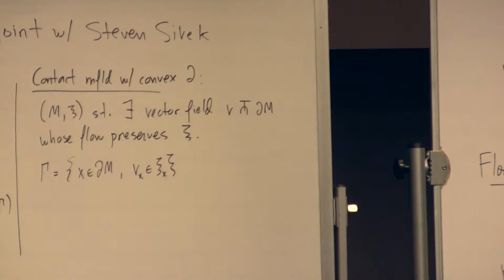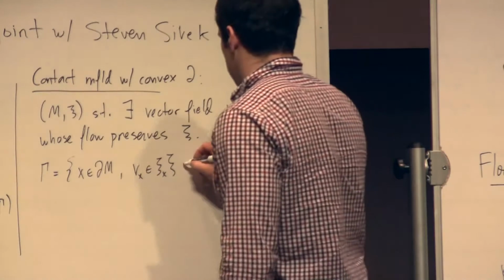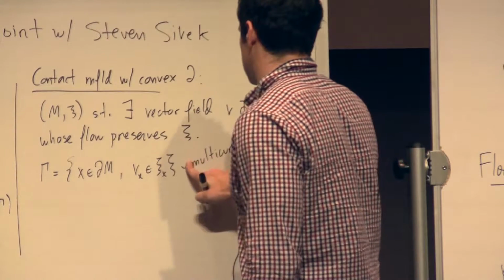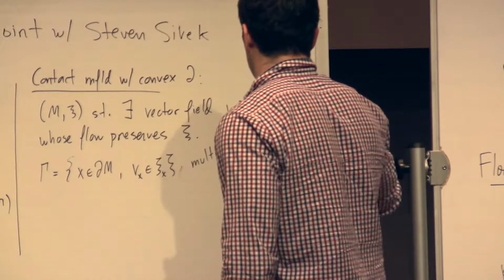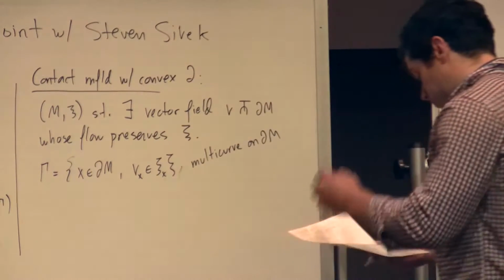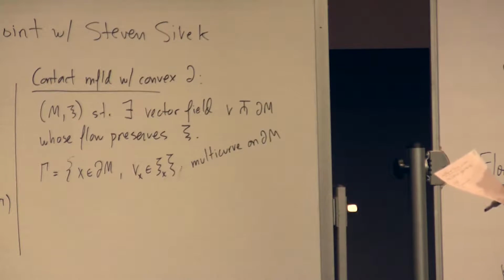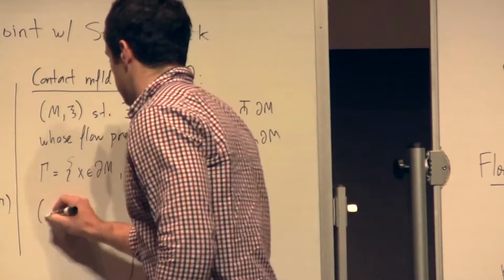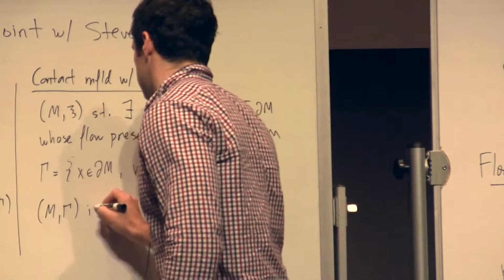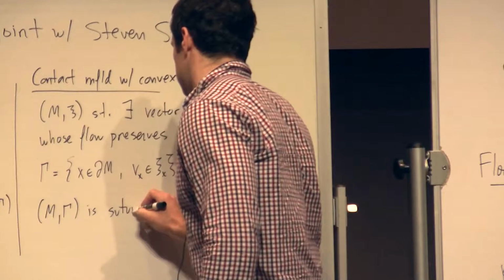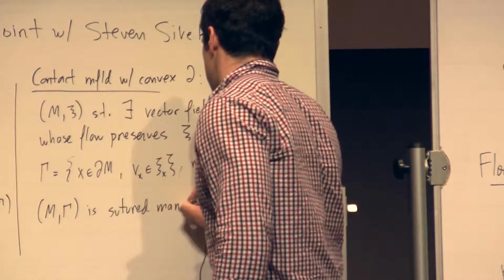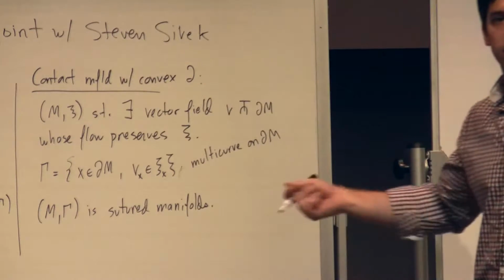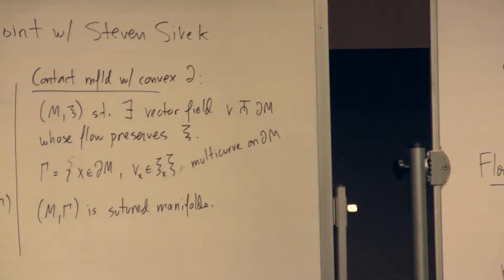It turns out that this is a multicurve on the boundary of M. And in fact, M together with this multicurve is a sutured manifold. So that's what I meant when I said that contact manifolds with boundary are topologically naturally sutured manifolds.